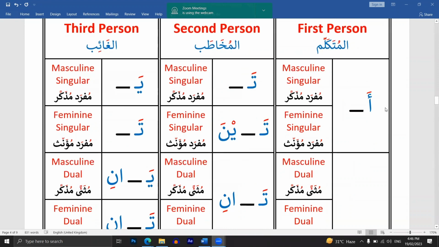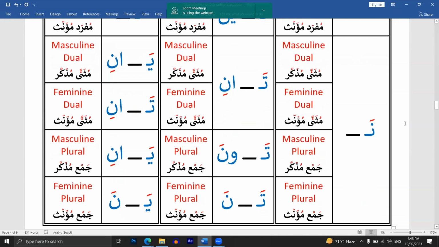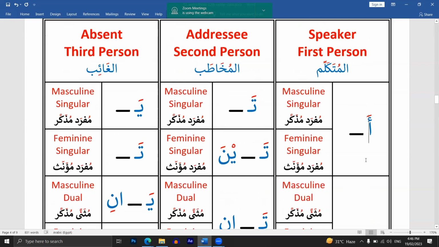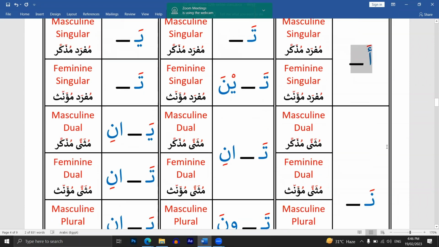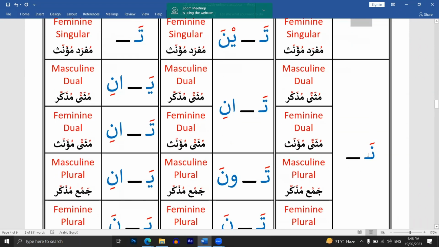For first person, masculine singular or feminine singular, we add only alif as a prefix, like this. For dual and plural, regardless of gender, we add na. So if we have a verb like yaf'al, we remove the first ya and replace it with alif, af'al. Or if we are a group of people, two or more, we add na, naf'al.